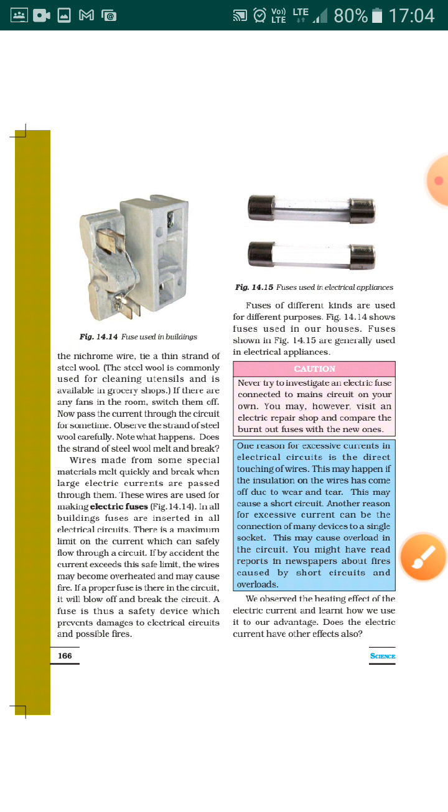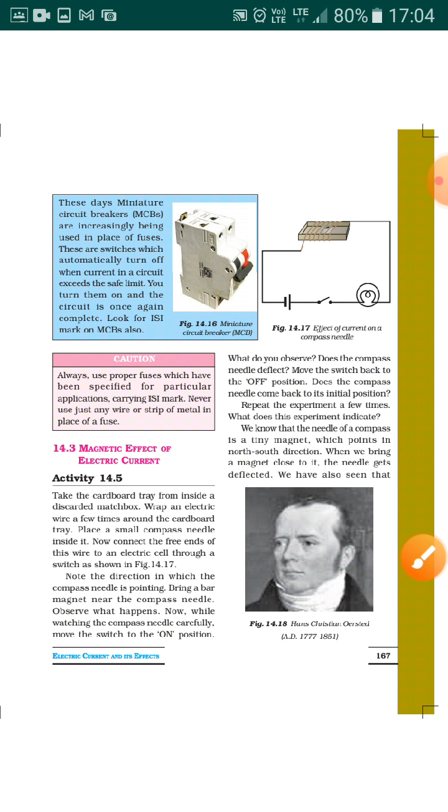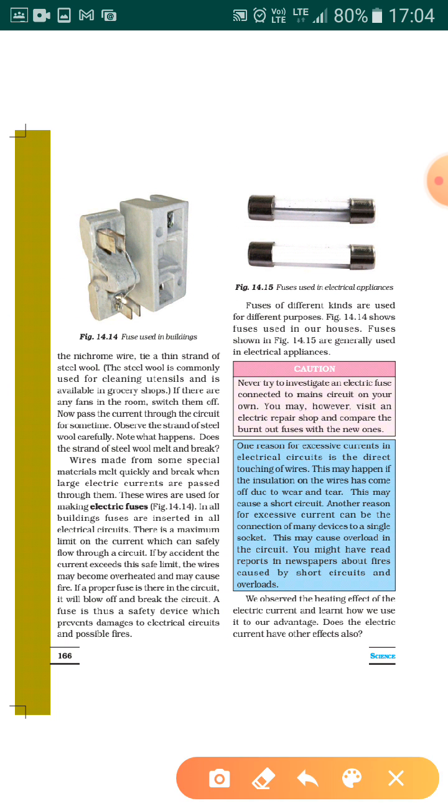These are all traditional electric fuses, but nowadays we have got modern electric fuses, because initially these fuses were use and throw. You have to change the wire once it has melted.